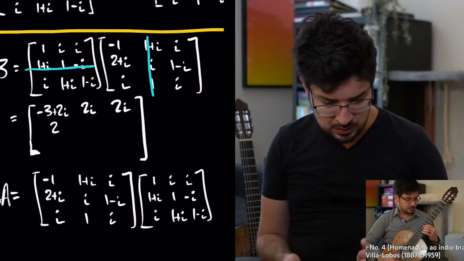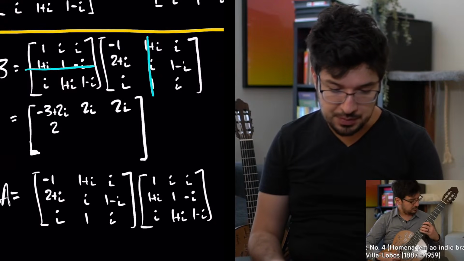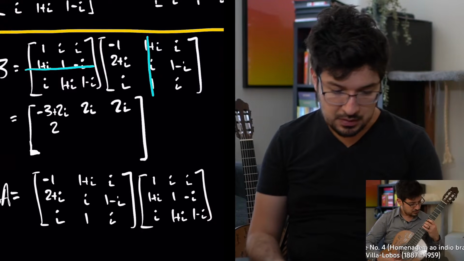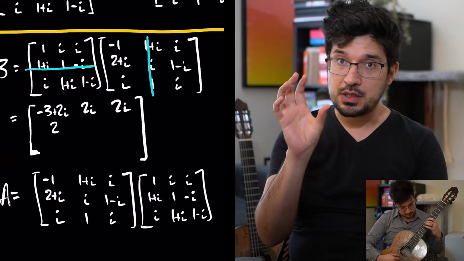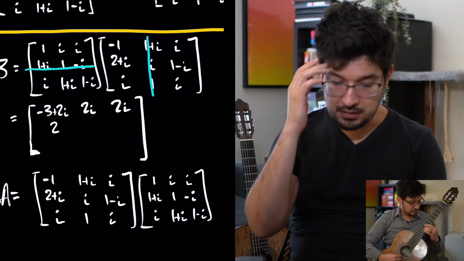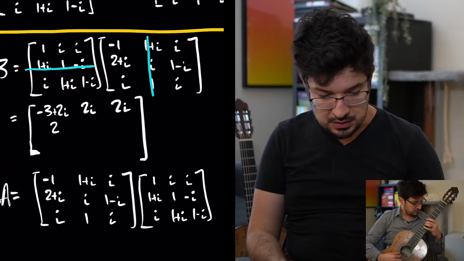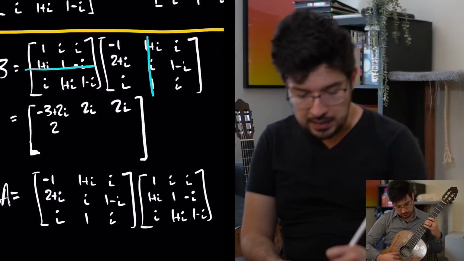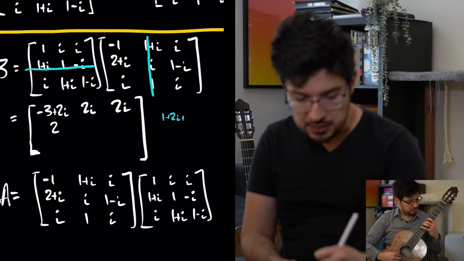Like, I think that I got this distribution incorrect. The product of two terms, I felt like I didn't correctly distribute in some places. So 1 plus i squared is 1 plus 2i plus i squared.